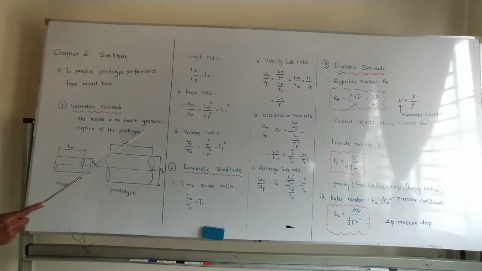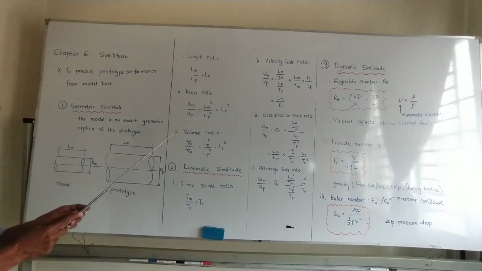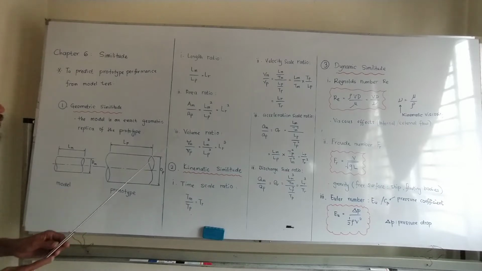Area equals Lm squared, meter squared, the unit for area, over Lp squared, so equals Lr squared. Third, volume ratio, Vm over Vp: Lm power 3, or cubic meter, over Lp power 3, so equals Lr power 3.